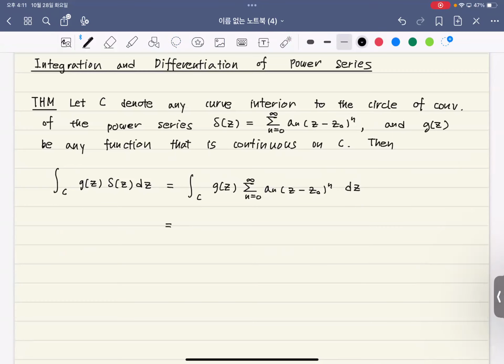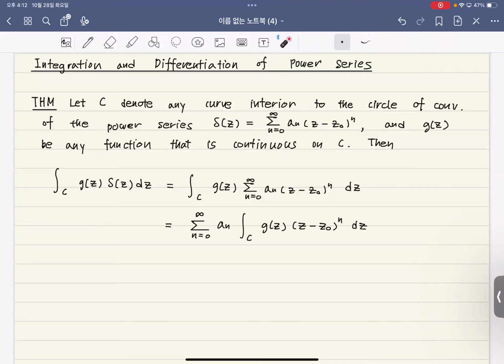And the result of this theorem is, if you integrate this, it is the same as integrating the continuous function multiplied by each of these terms.